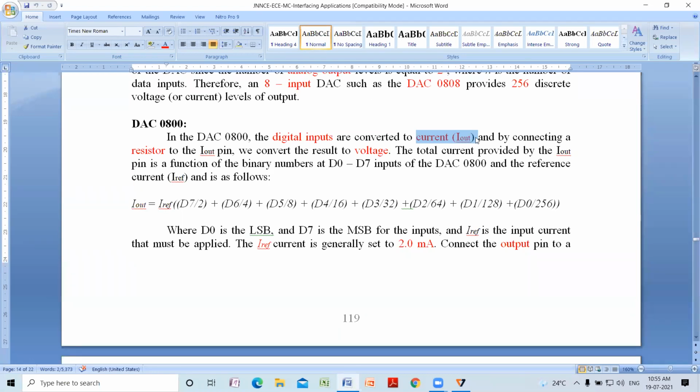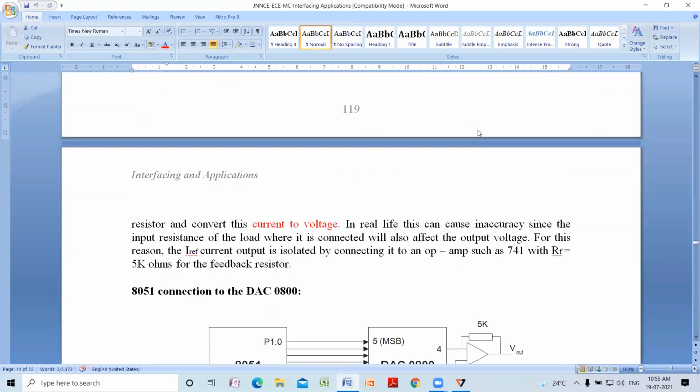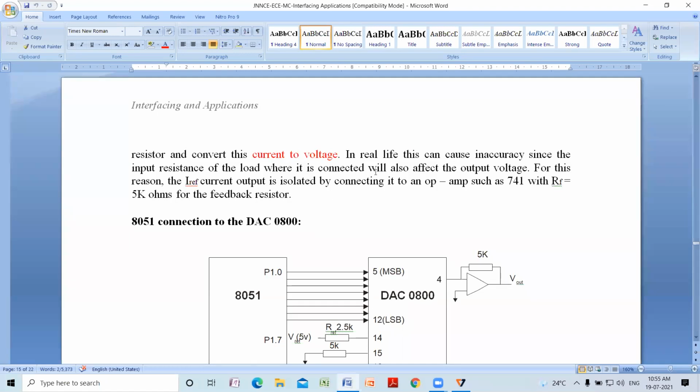IREF is the input current and it must be applied. The IREF current is generally 2 milliamps. Connect the output pin to a resistor and convert this current to voltage.